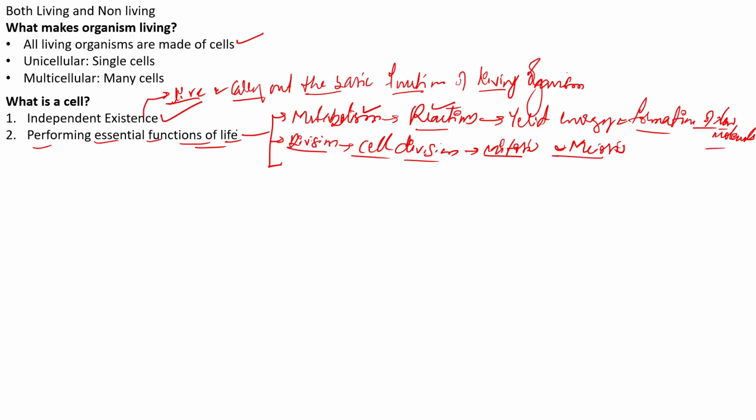This is an essential function of life: the ability to divide, and the ability to conduct metabolic reactions, we call an essential function. And finally, we can also say that it is reproduction, the ability to reproduce and produce progeny.